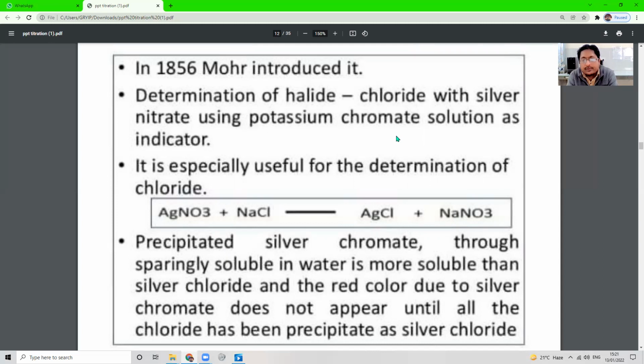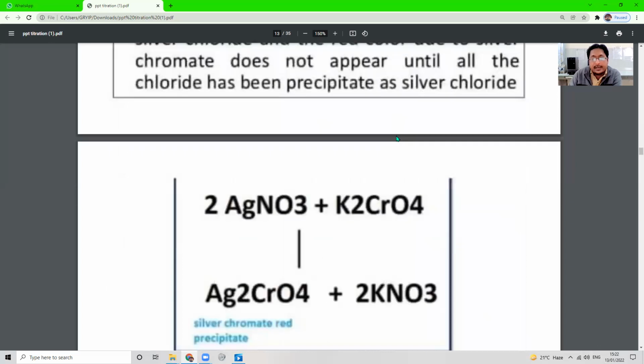After the completion of the reaction, at the equivalence point, AgNO3 reacts with potassium chromate and gives silver chromate, which is brick red in color, so that we can find out the end point of the titration.